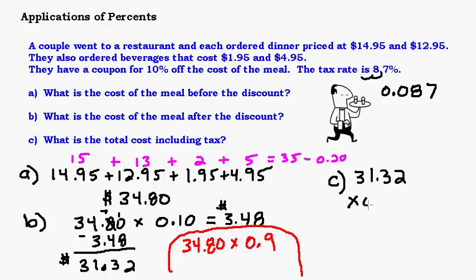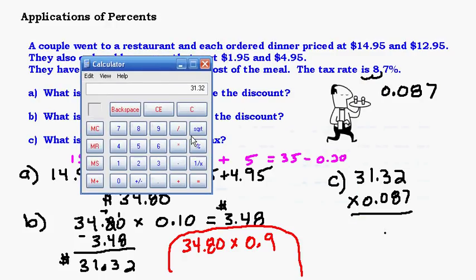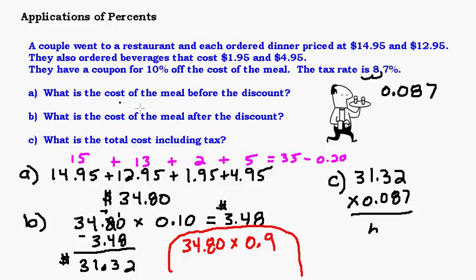So if we multiply this by 0.087, we'll figure out how much tax we have to pay. 31.32 times 0.087 equals, let's round that to the nearest penny, $2.72, because that 4 after the 2 is not going to round the 2 up.